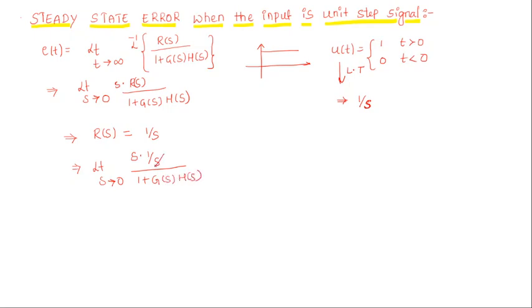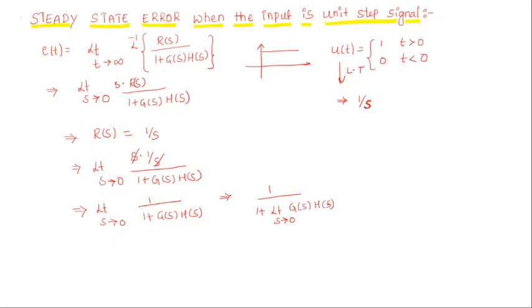This s and s cancel out. Then the equation becomes limit s tends to 0 of 1 by 1 plus g of s into h of s. This is also written as 1 by 1 plus limit s tends to 0 of g of s into h of s.